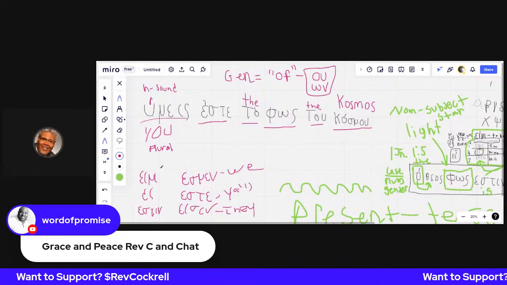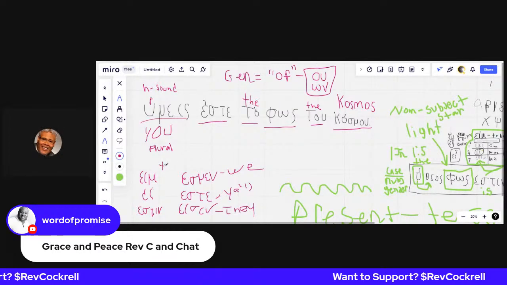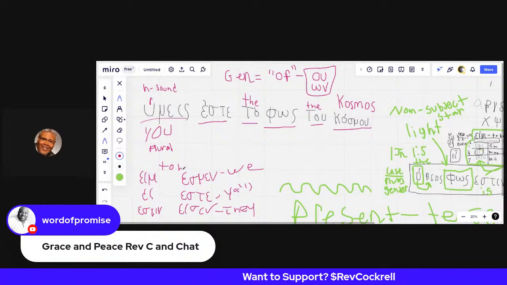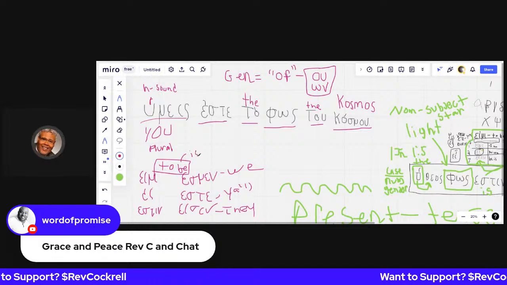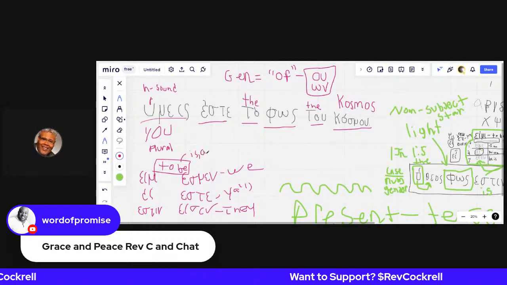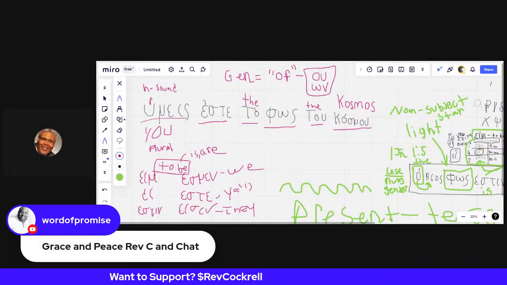And remember, these are to be verbs. So to be verbs. So you would either use like is or are. So hopefully that helps you guys translate as well.